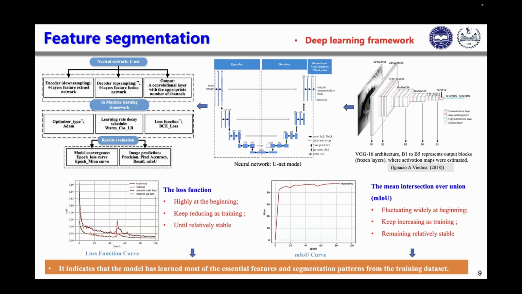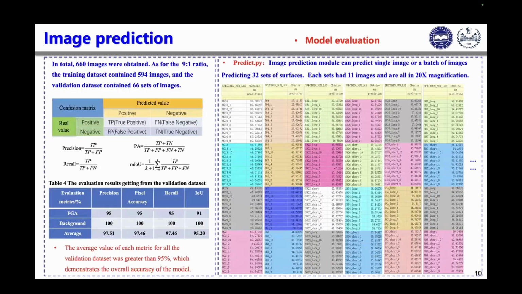On the one hand, both the loss function and the MIoU tendency are used to evaluate this neural network training process, until they are all remaining relatively stable, and that indicates that the model has learned the essential features and the segmentation patterns from this training data set.